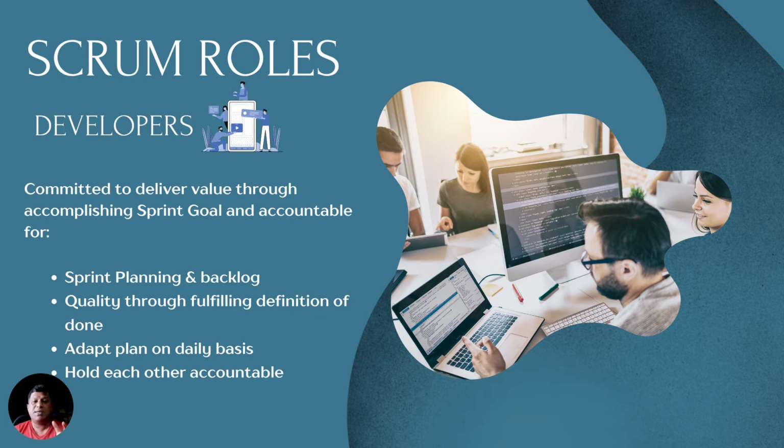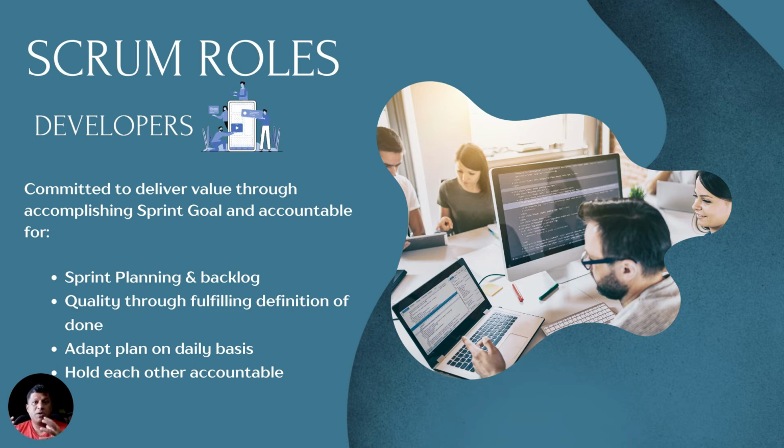So the team is a collaborative team. They focus on the singular sprint outcome, that is the sprint goal. So the orientation is always towards the team. It doesn't matter if I have done 100 user stories, but if the team is not able to achieve the sprint goal in the end, there is no value that is coming out of the individual effort I am putting alone.